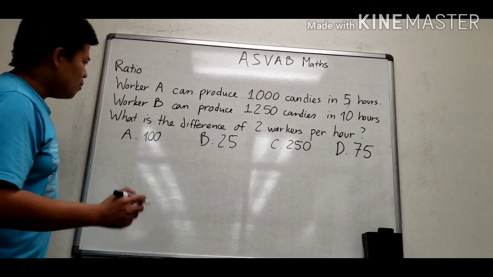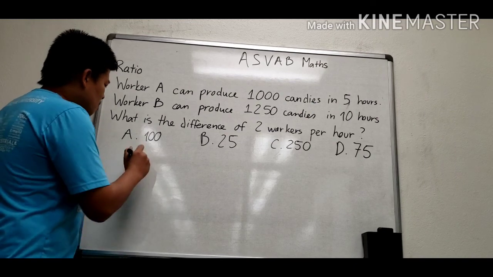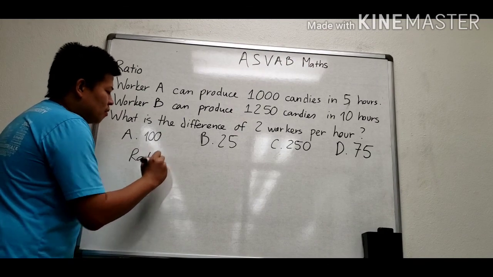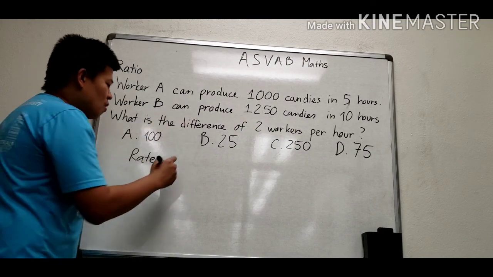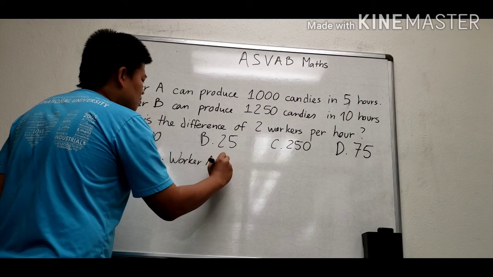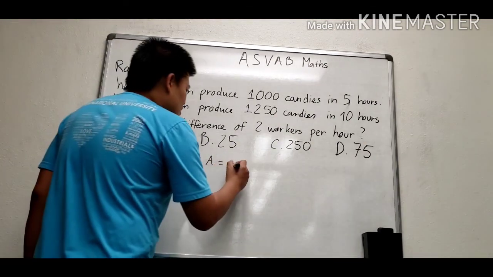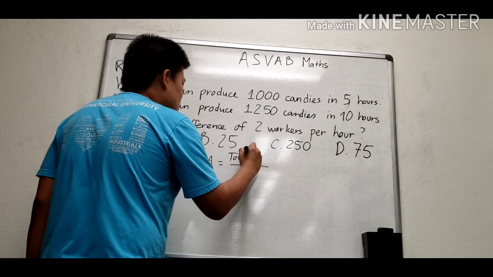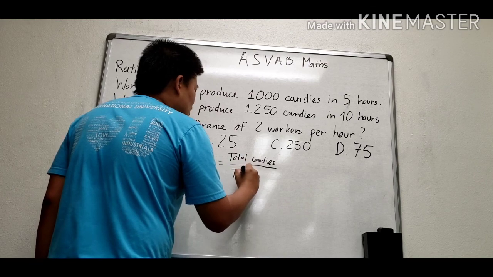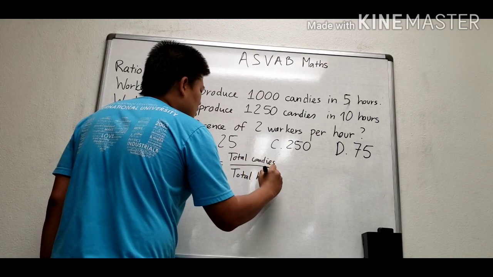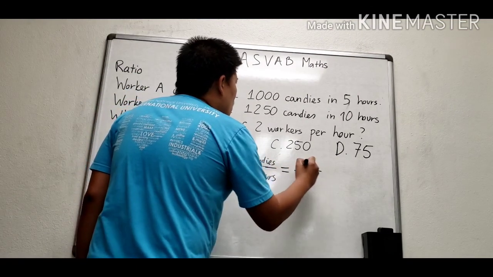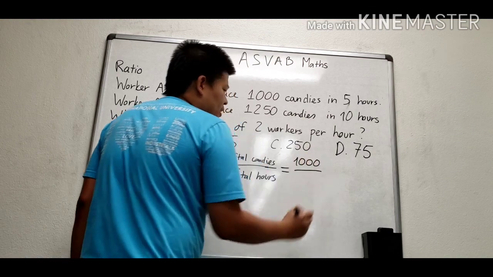So in here, when we do the ratio, we find the rate for each person. Worker A: we have the total candy divided by the total hours. So we have 1000 divided by 5.